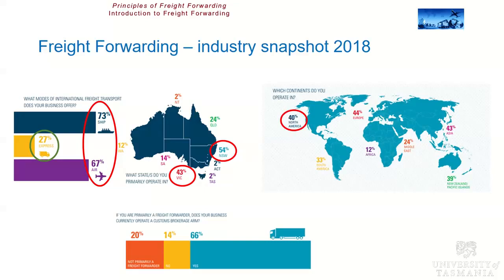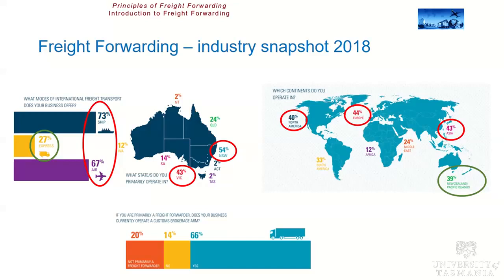In terms of the continents that they're dealing with, it's mainly through the Northern Hemisphere, so we see North America, Europe and Asia is where they're mainly doing their international business. I guess one area that we often disregard is New Zealand, almost 40% are dealing with New Zealand on a regular basis.